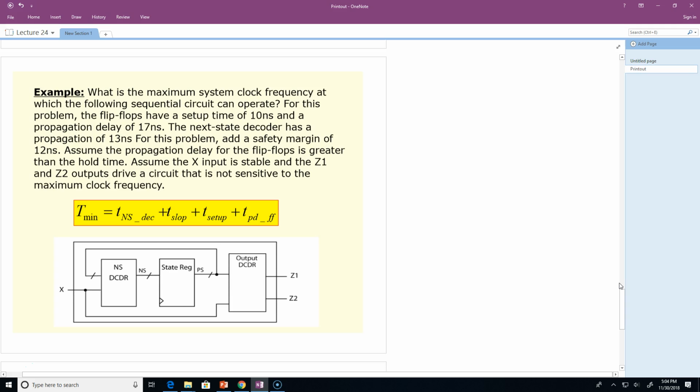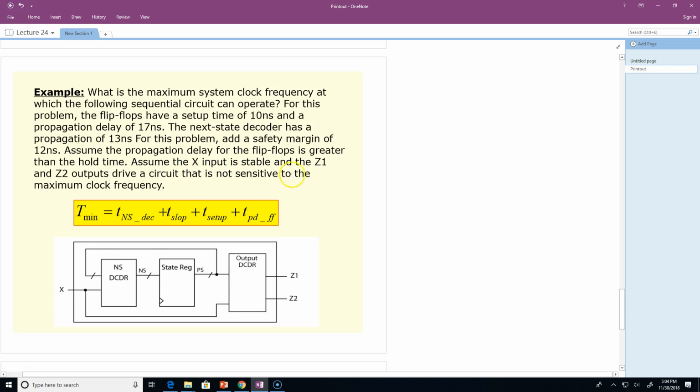All I have to do is read through this thing very carefully, dig out these 4 values, and what I'm going to say here is assume the propagation delay for the flip-flops is greater than the hold time. Okay, that means I don't have to consider the hold time.